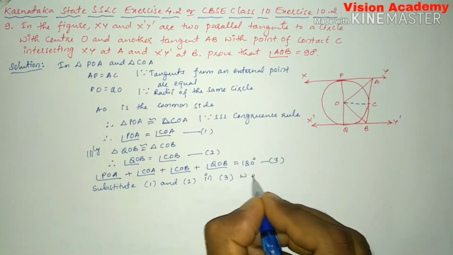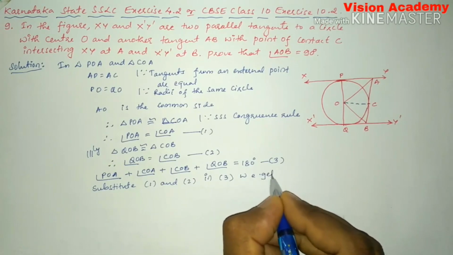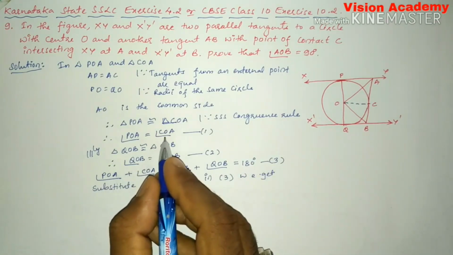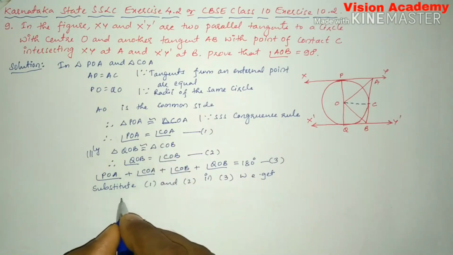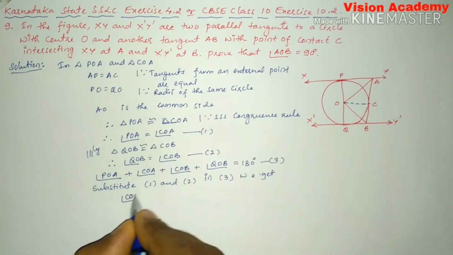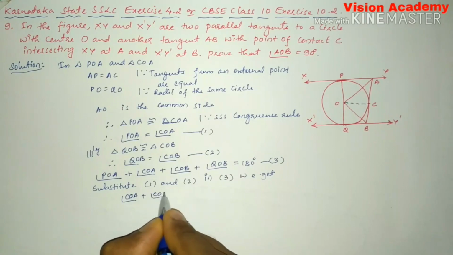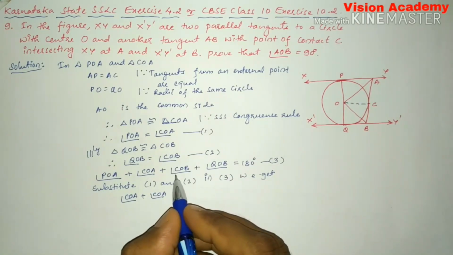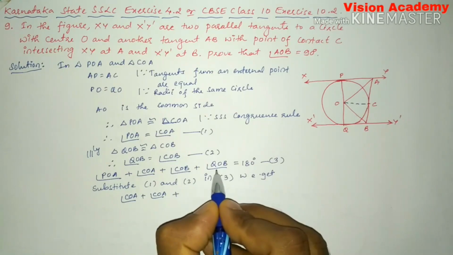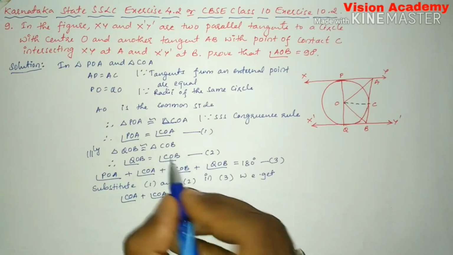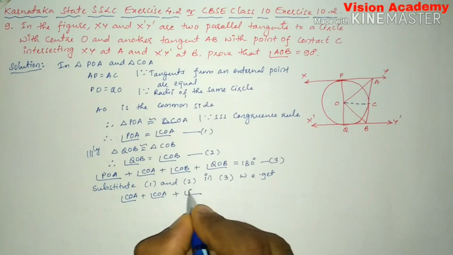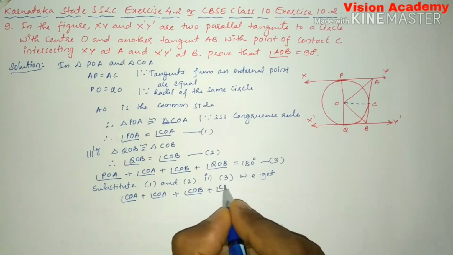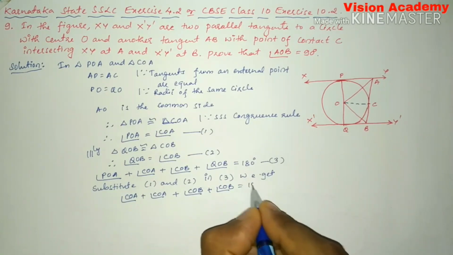We get, in place of POA you can substitute COA. So here we'll write angle COA plus angle COA plus, in place of QOB you can substitute COB. Here we'll write COB plus angle COB, which is equal to 180 degree.